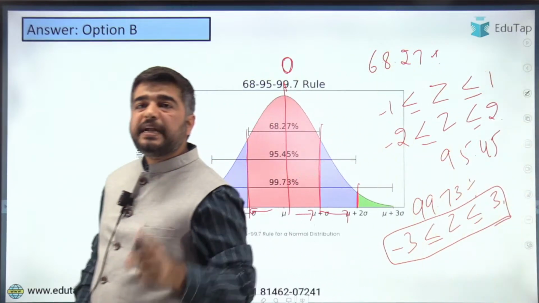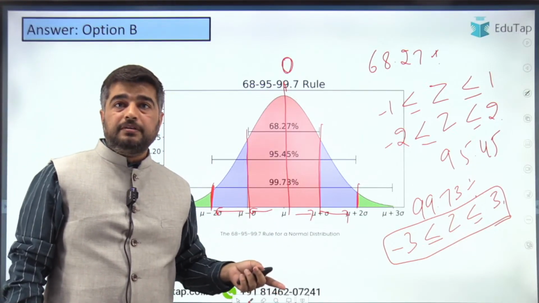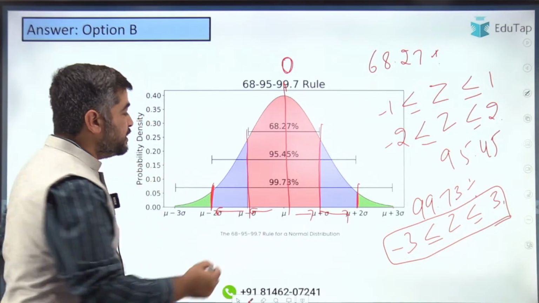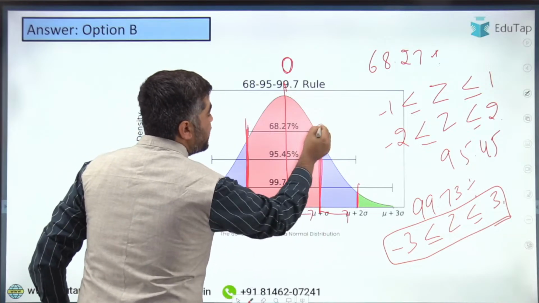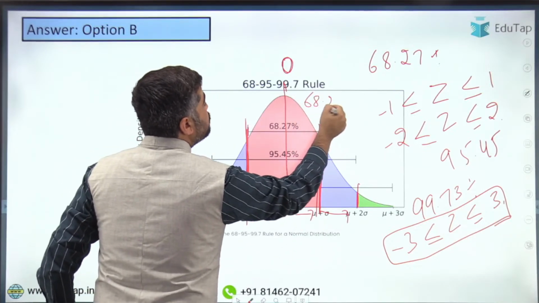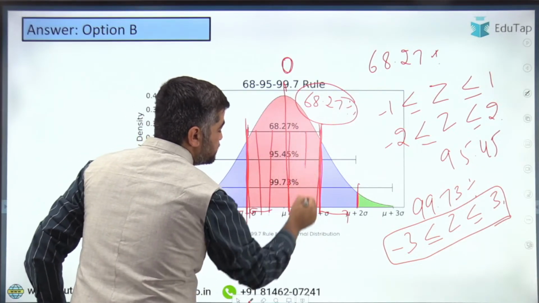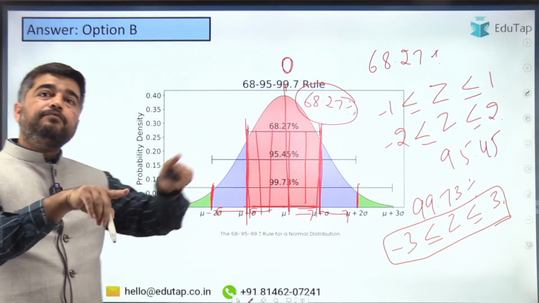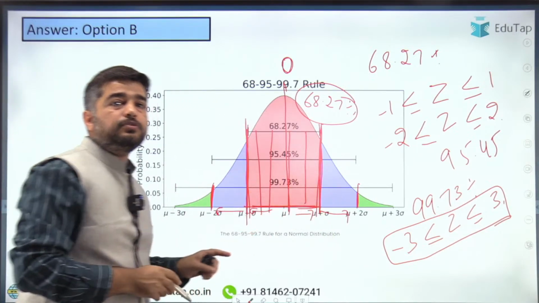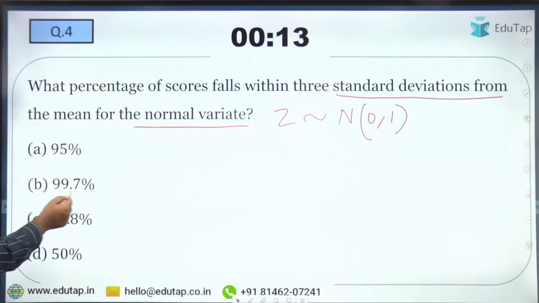Simply, you can say the Z score is nothing but the number of standard deviations away from your mean. If you have one standard deviation away from the mean, then 68.27% of the area or probability lies within one standard deviation on the left side and the right side. So the answer for three standard deviations will be 99.7%.